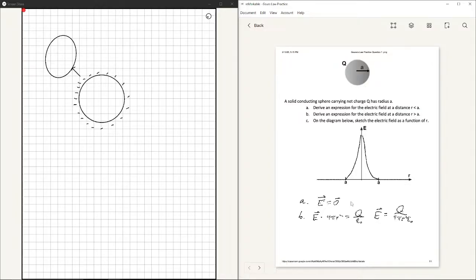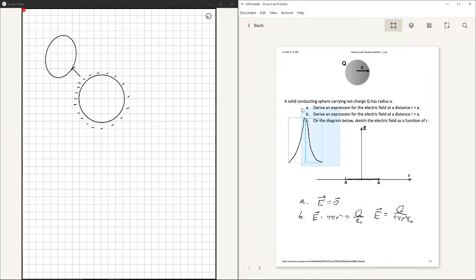Okay. I did this wrong. I did it the opposite of what it's supposed to be. This is the wrong way. This is supposed to be like this, because it's a conductive surface.